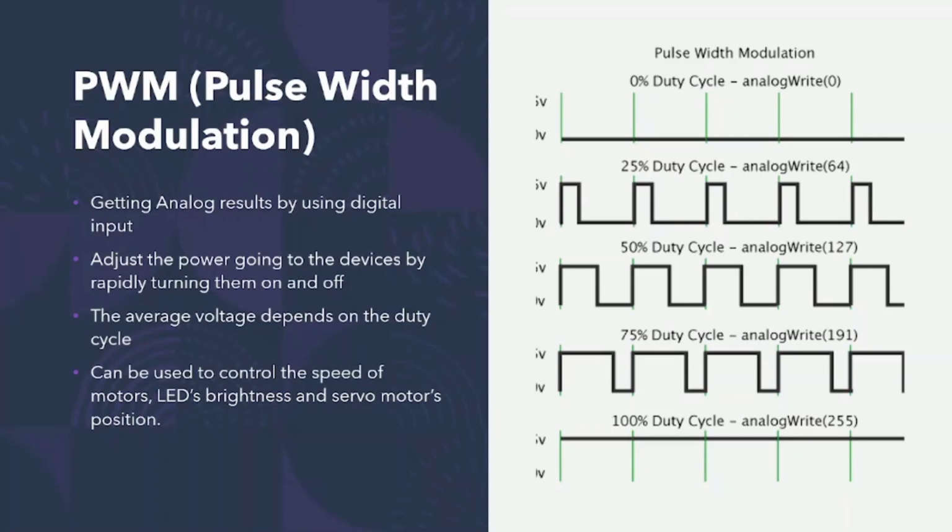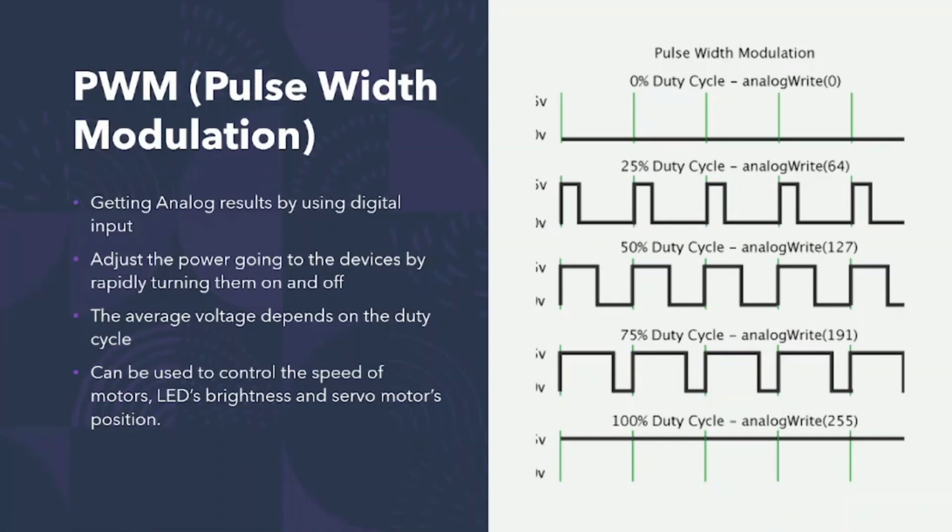is off. If you look at the right hand side picture, let's take the 50% duty cycle as an example. In one box, which we'll call one period, you can see that for half a period the signal is 5 volts, and for the other half period the signal is 0 volts.